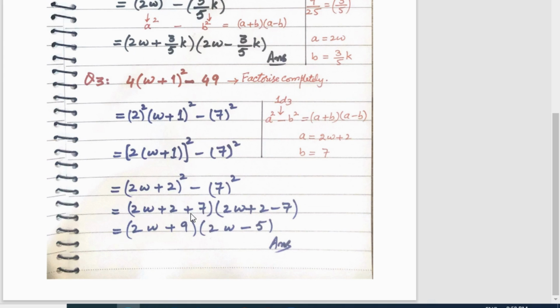Once we will write down the plus sign, once the minus sign, and both the factors in simplified forms are in front of you, because 7 plus 2 can be added up. 7 plus 2 is 9, and 2 minus 7 is minus 5. This would be subtracted because two different signs are there with two numbers.